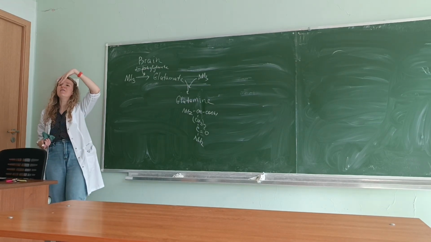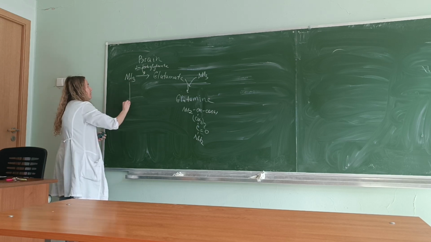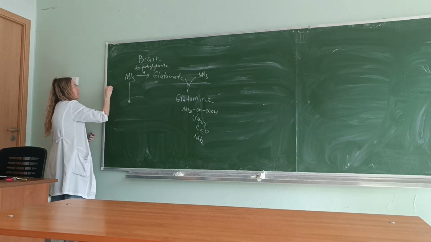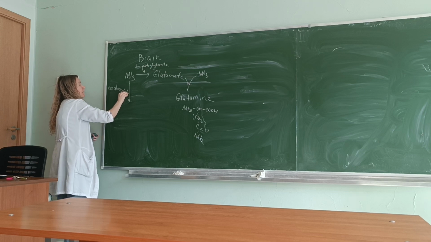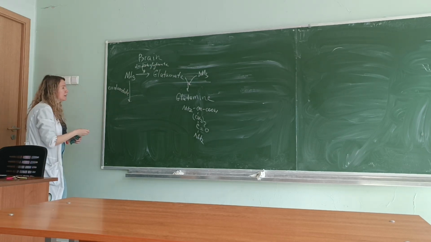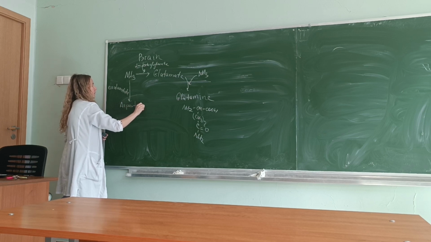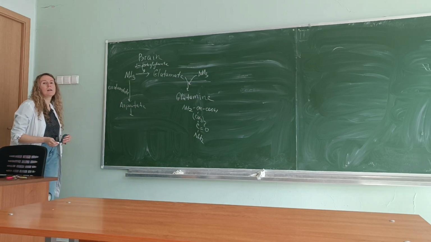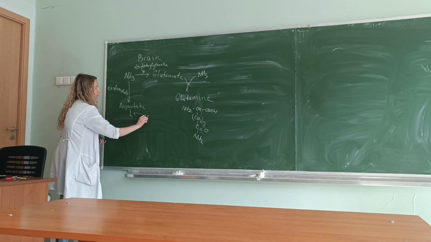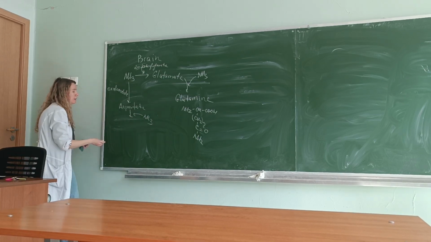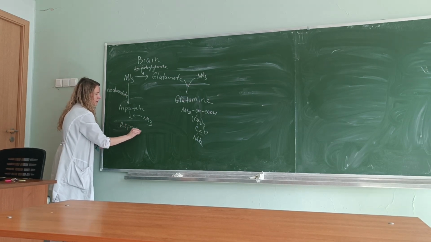If we have a very high concentration of ammonia, one more way, we will use oxaloacetate, again from the Krebs cycle, and get aspartate. Same reaction when we add one more ammonia will give us asparagine.